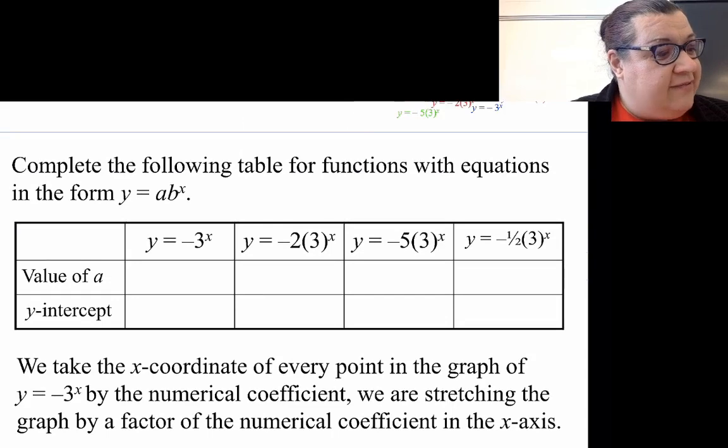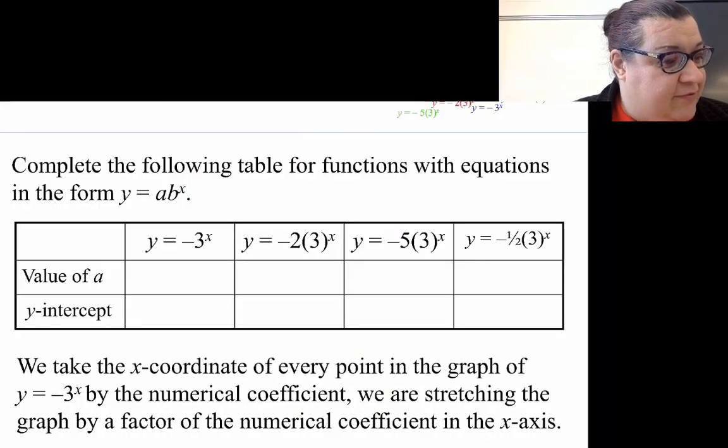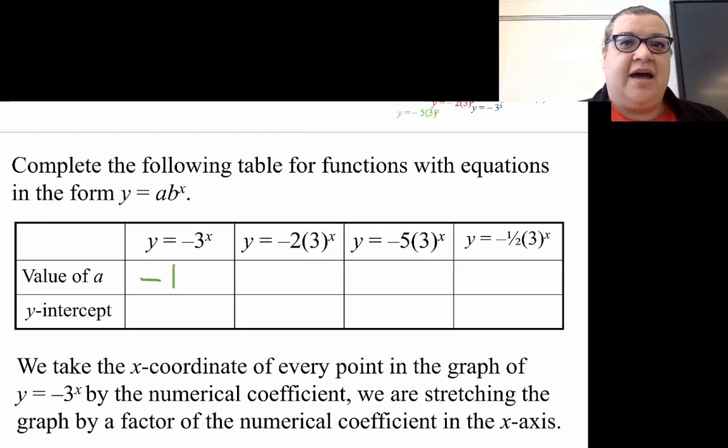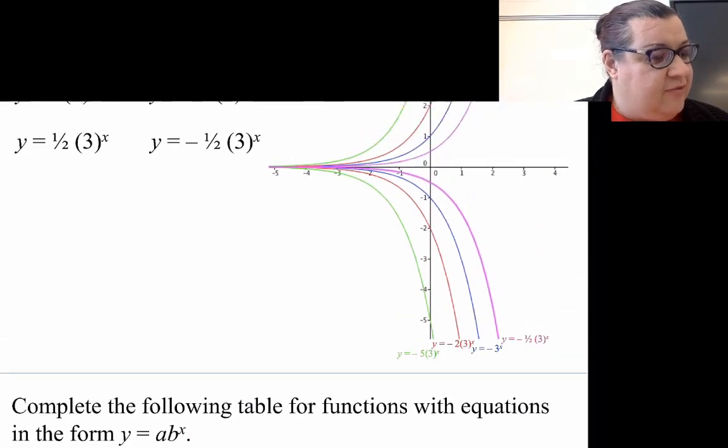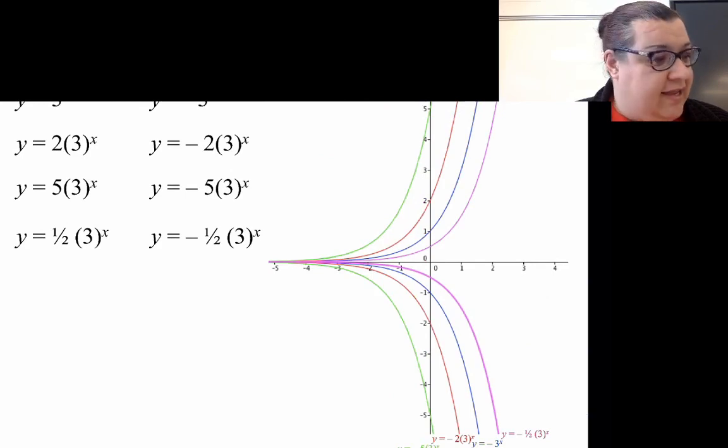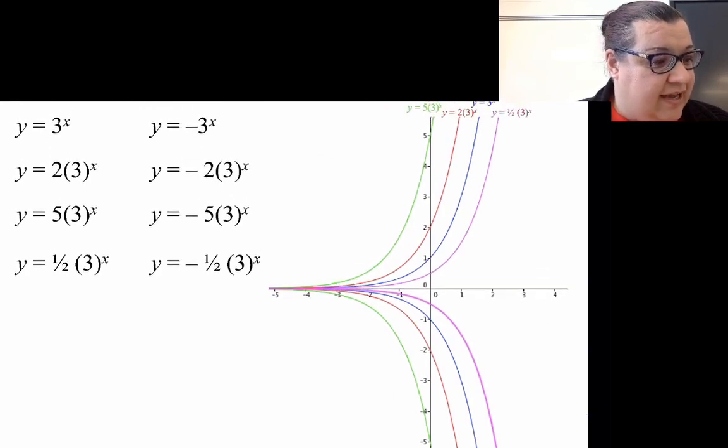So, what is the value of a in y is equal to negative 1 times 3 to the x? It was negative 1. What was the y-intercept? Again, if you want to go back up, what was the value of the y-intercept when a was equal to negative 1?